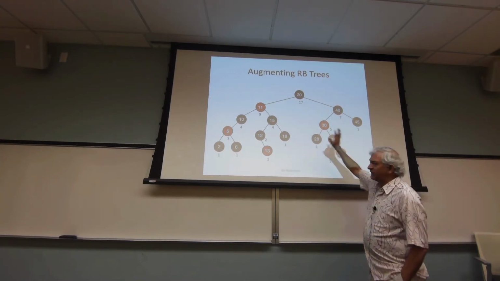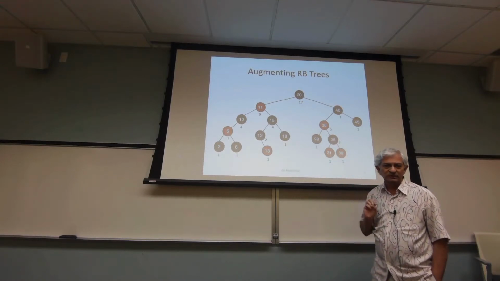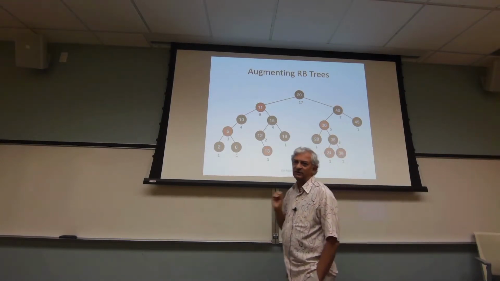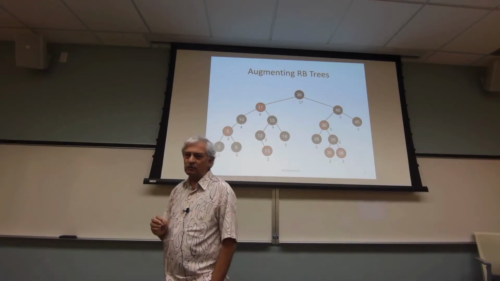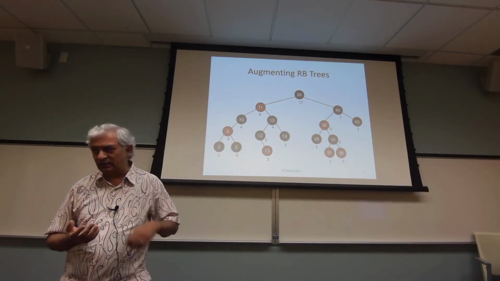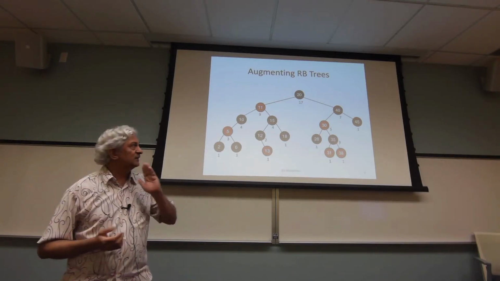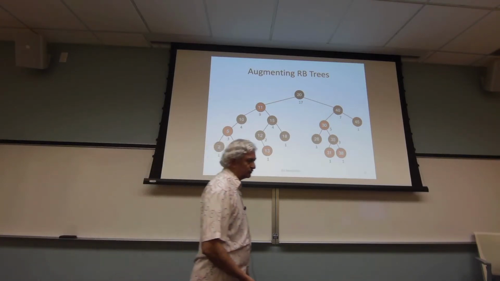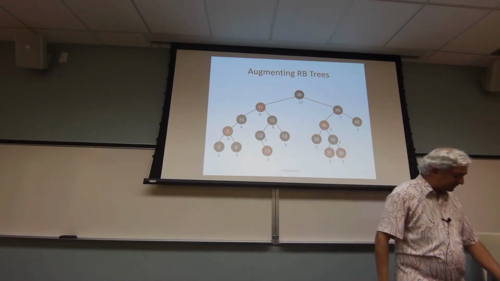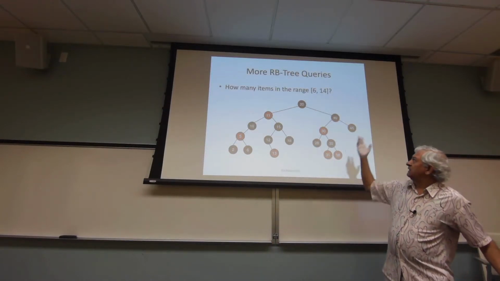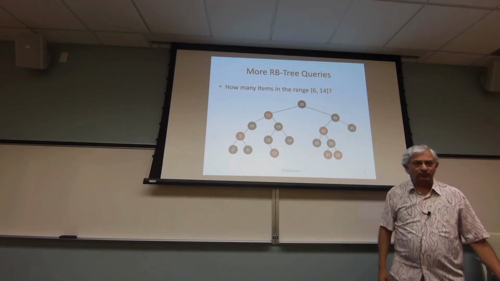So if I could somehow store this size information in each node, this turns out to be extremely valuable in answering lots of useful queries, especially related to the kinds of questions we asked on the previous slide, which is how many items are there in the range 6 through 14.